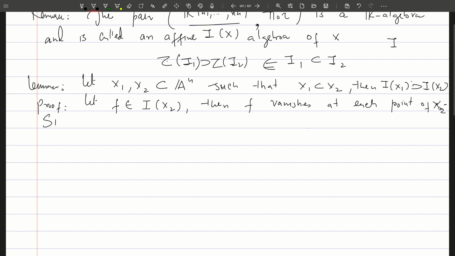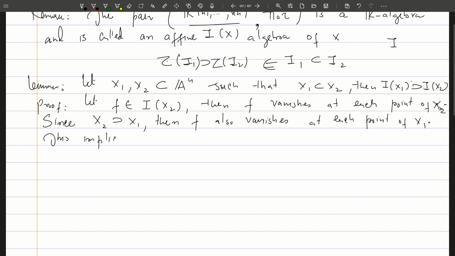So this implies f is in the ideal of X1.